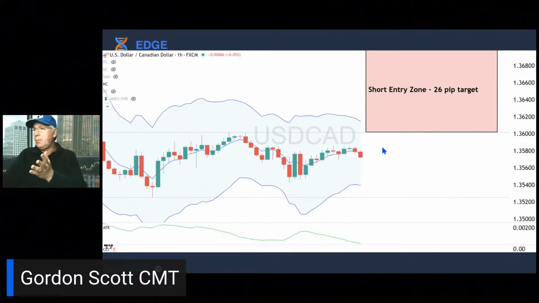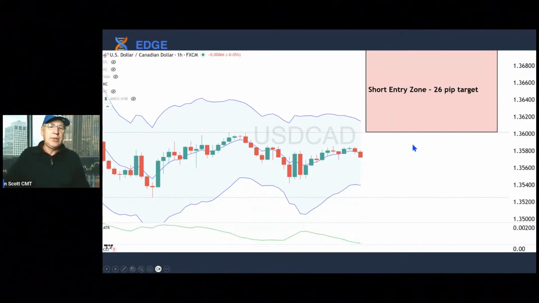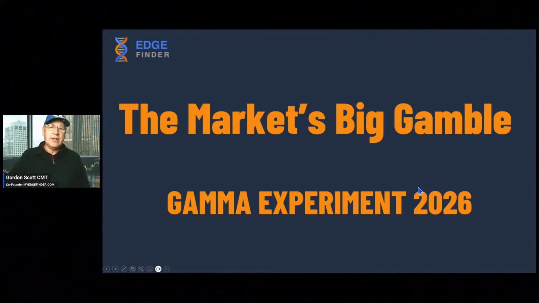But hey, London Open could spring that price up, and you'd be looking for it to drop down, with a 96% historic rate of wins if you follow these rules. Short anywhere up in here and try to get a 26 pip target out of it. That's the kind of thing Edgefinder does.